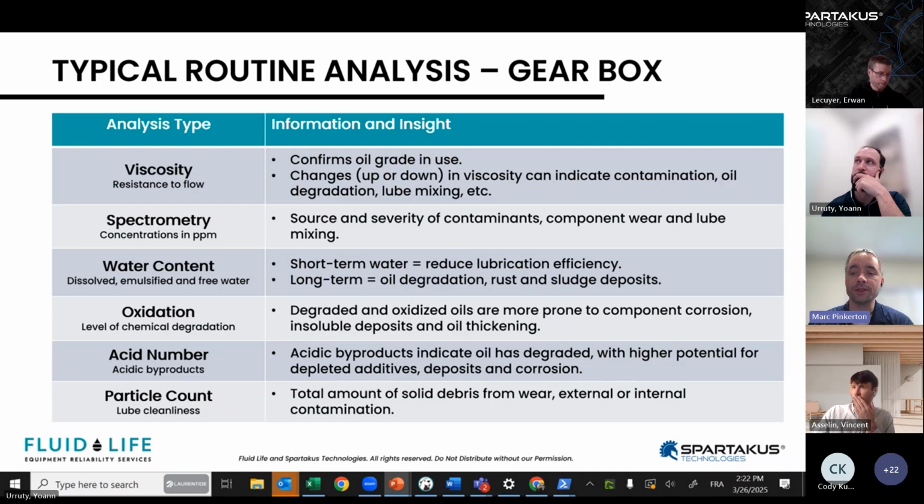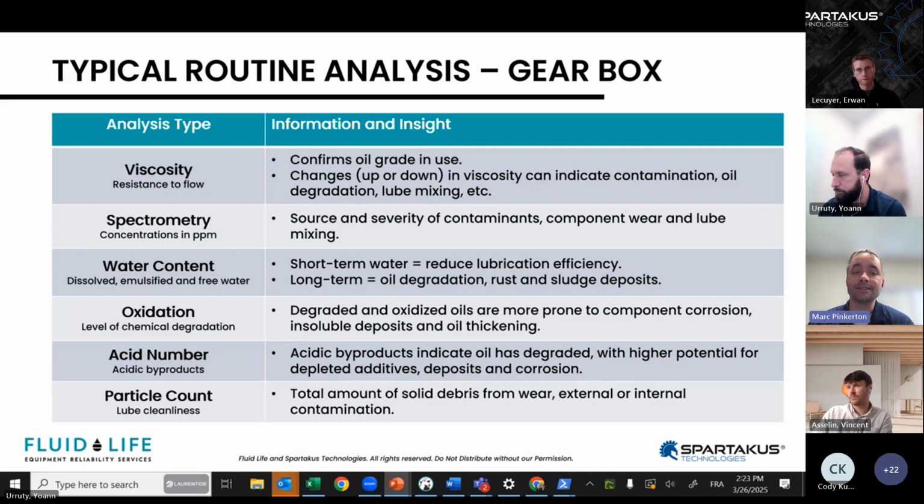Oxidation: oils degrade chemically, naturally. There are additives to try and slow down that process. But oil can degrade prematurely, and once it does, it's more prone to be corrosive or to create deposits like varnish and sludge, or thicken up, which would have a negative feedback on normal operation of your gearbox.